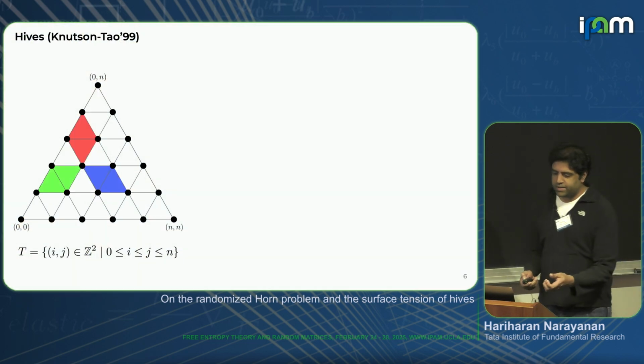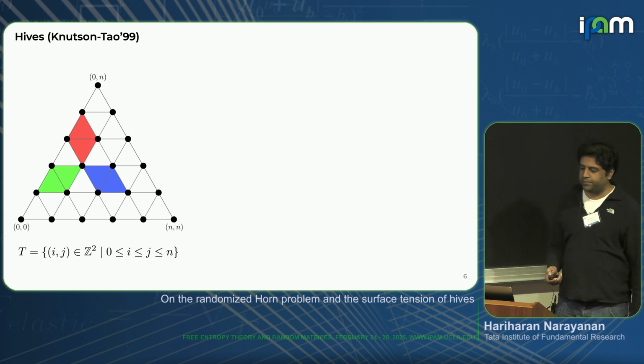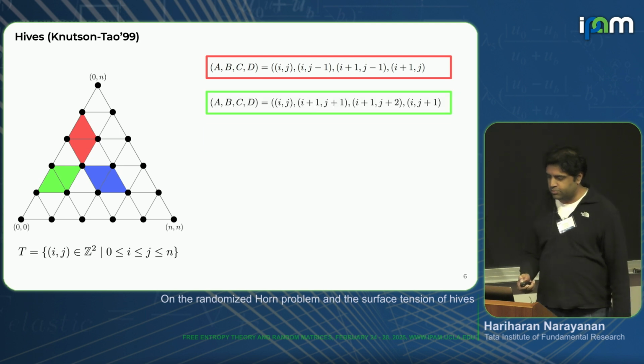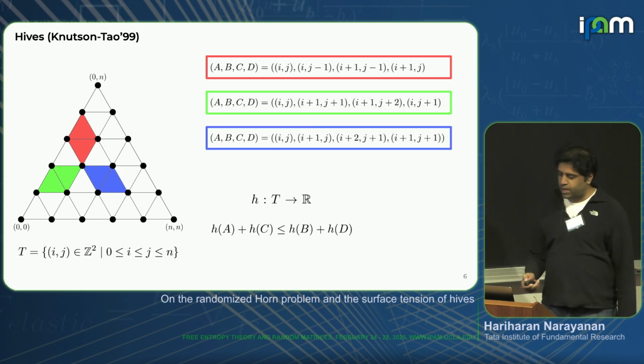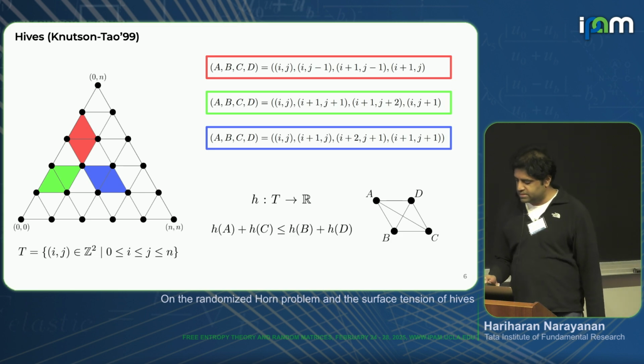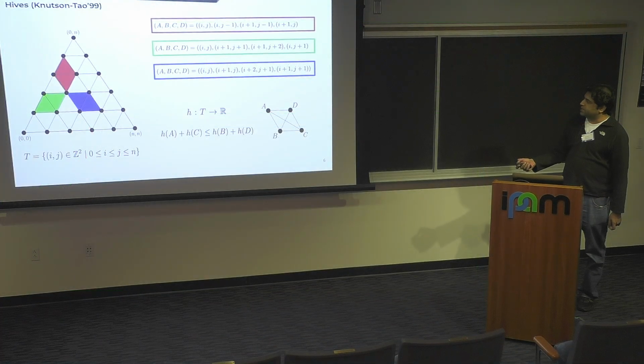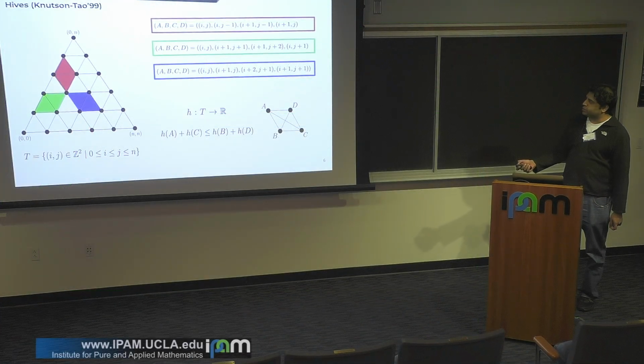Okay, so these hives are triangular arrays of numbers where certain rhombus inequalities are satisfied. These rhombus inequalities have the following form. If you have a rhombus with entries A, B, C, D, then the sum of the values on the shorter side has to be greater or equal to the sum of the values on the longer side.